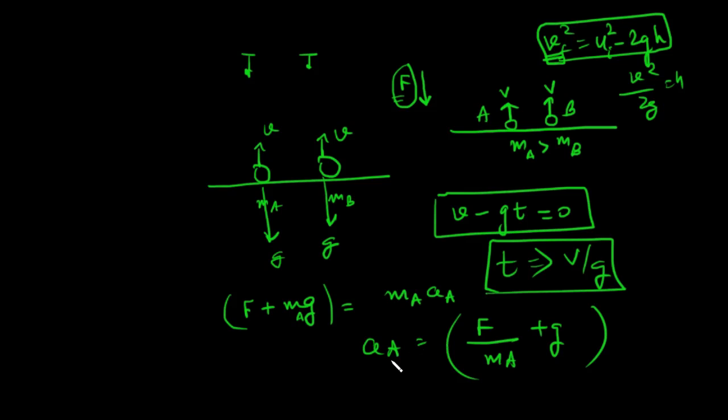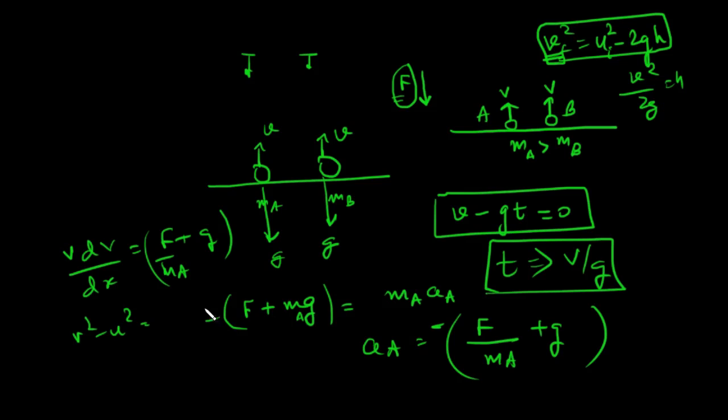Now we would have said that V dV by dx would be equal to F by ma plus G, and we integrate. Now we have V square minus U square equal to, since this was in the negative direction, minus F by ma plus G into H. Final velocity was 0.